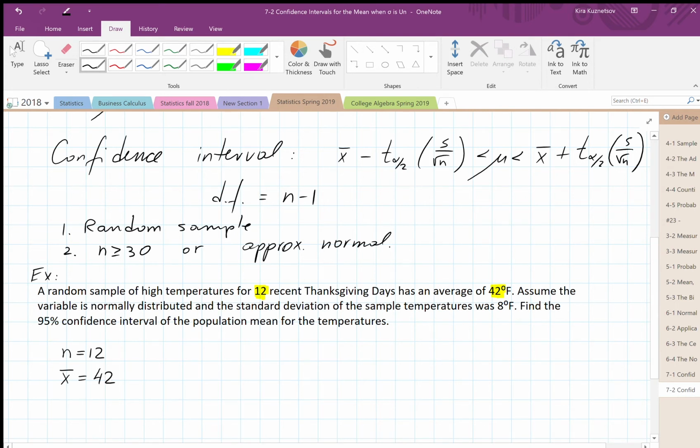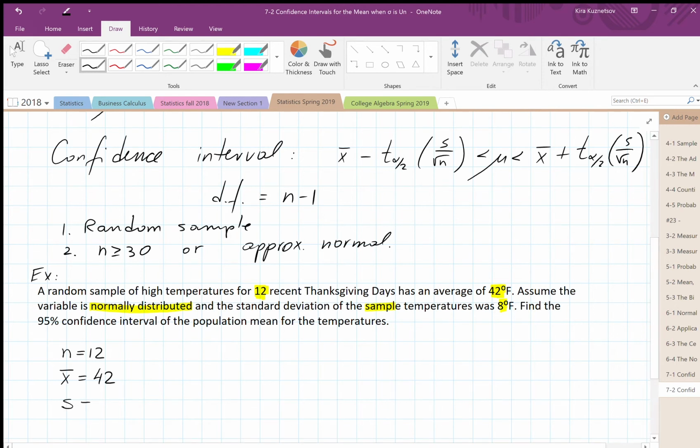Assume the variable is normally distributed allows me to use the t-interval, because the standard deviation of the sample, that's a big one, is 8. This is how you can tell that you're using a t-distribution rather than the standard normal distribution.